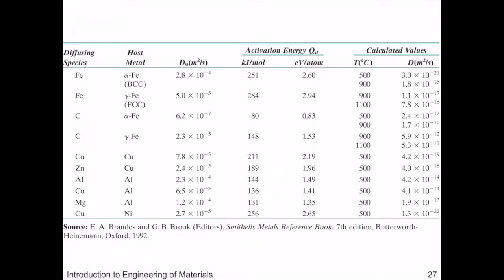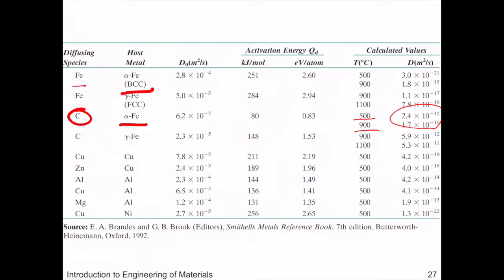You could see in this other data table that the diffusing species, such as carbon in alpha iron again, or BCC iron, you could see that the diffusivity at 500 degrees Celsius versus 900 degrees Celsius can change quite dramatically, by 2 orders of magnitude.